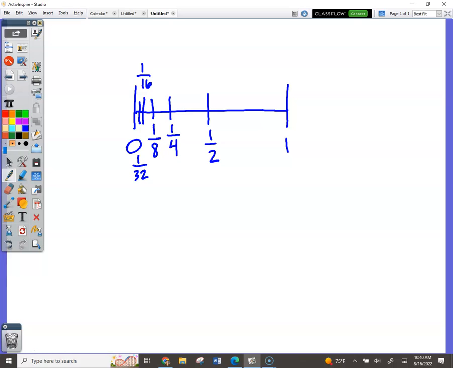Physically, on a ruler, we couldn't go any further. Your finger would no longer be able to identify half because now you've run out of room. Mathematically, could we keep going? Yes. So that means that from 0 to 1, there are infinite numbers.